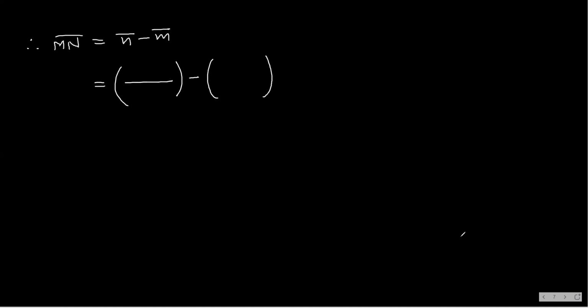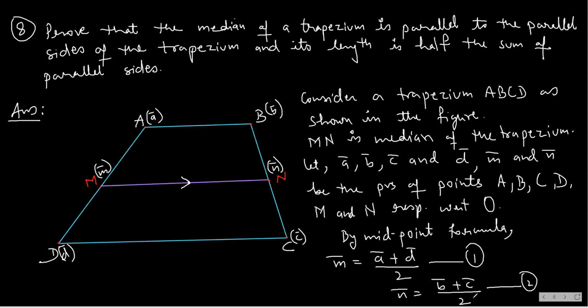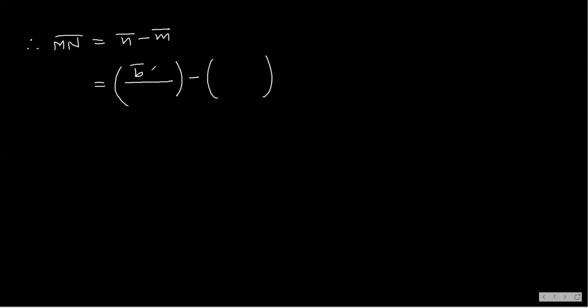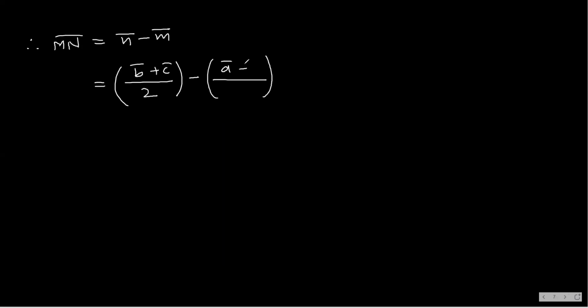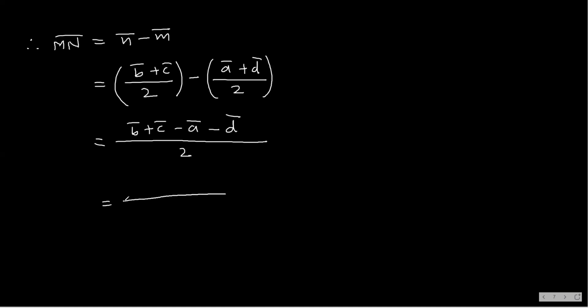So N bar is B bar plus C bar by 2, and M bar is A bar plus D bar upon 2. Now you have common denominator 2, so you'll get 2 here, and see here what you get. You get B bar plus C bar minus A bar minus D bar. Okay. What I want you to now do is write A bar with B bar.